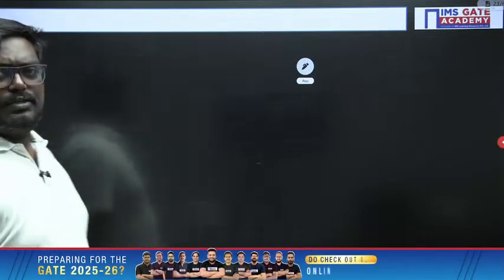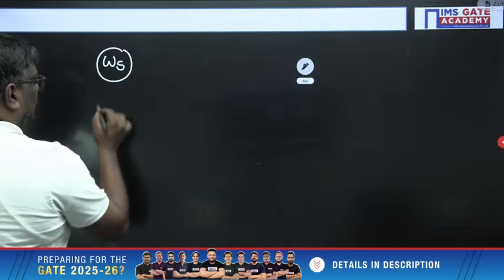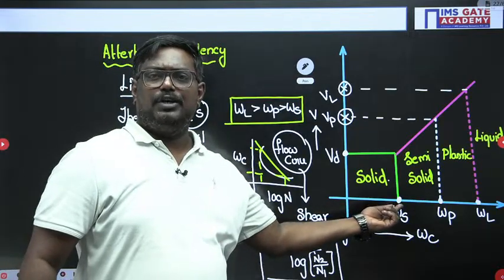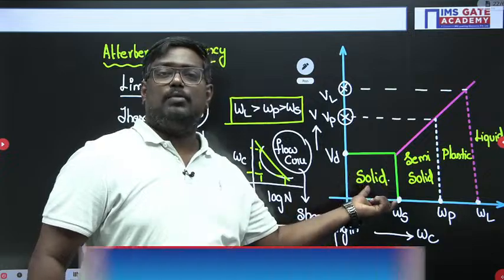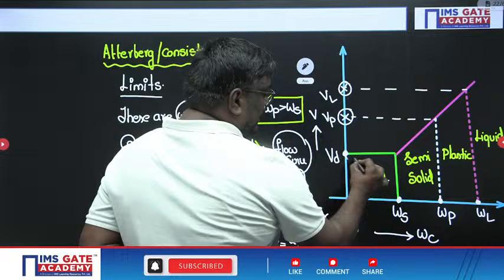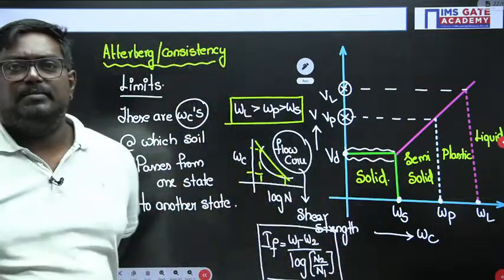Next, students, we also have the shrinkage limit. What is the shrinkage limit? It is the maximum water content up to which any further loss of moisture will not cause any change in volume. Up to the shrinkage limit, the volume seems to be constant.